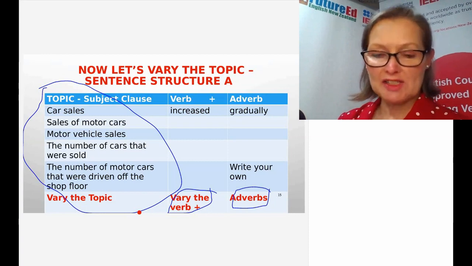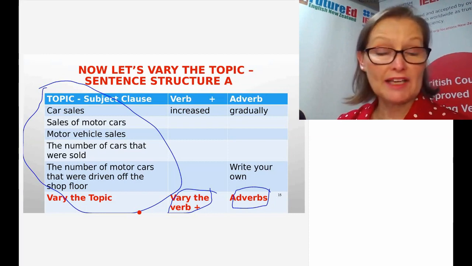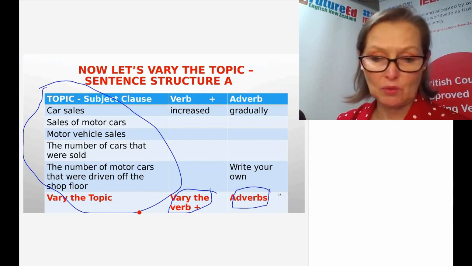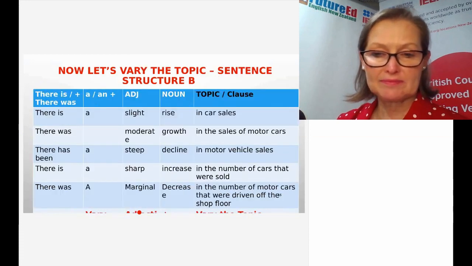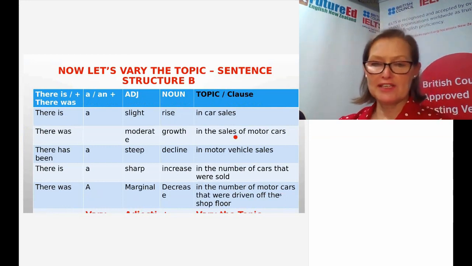Okay, now let's move on and see what that looks like and how I vary my sentence structure, my topic sentence, my subject clause with sentence structure B. And there it is.